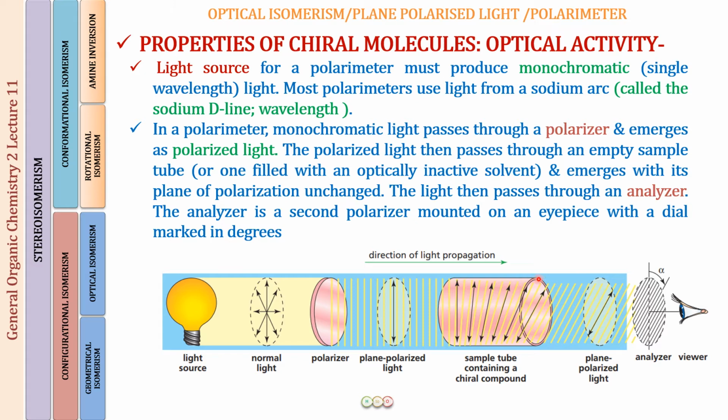And then we are going to pass this light through an analyzer. An analyzer is a second polarizer mounted on an eyepiece with a dial marked in degrees. So it is a polarizer through which we can see the light passing, and it is also marked in degrees to check the degree of rotation of light if that happens.